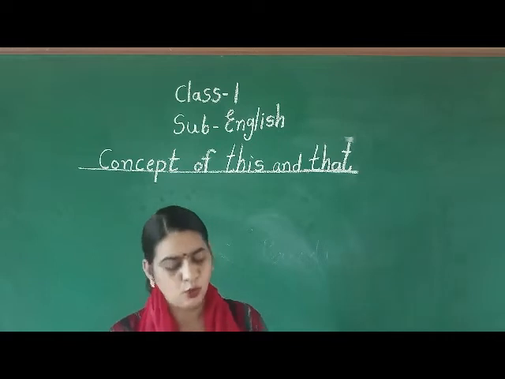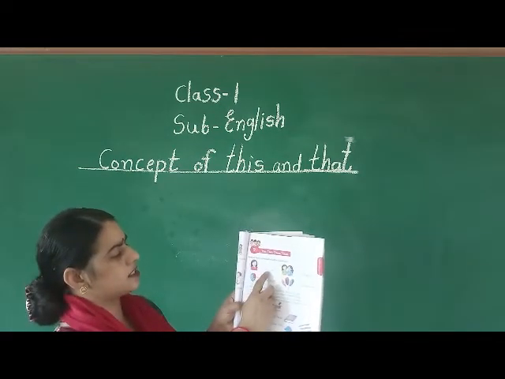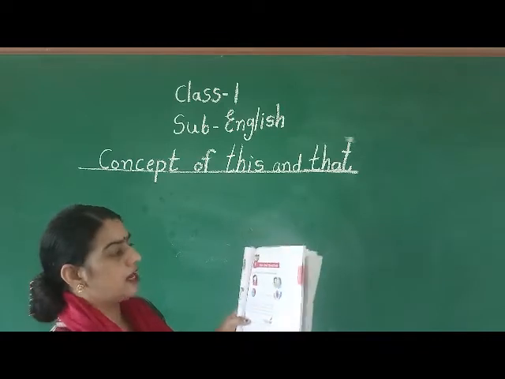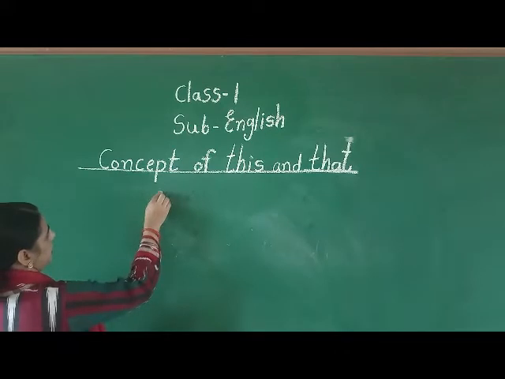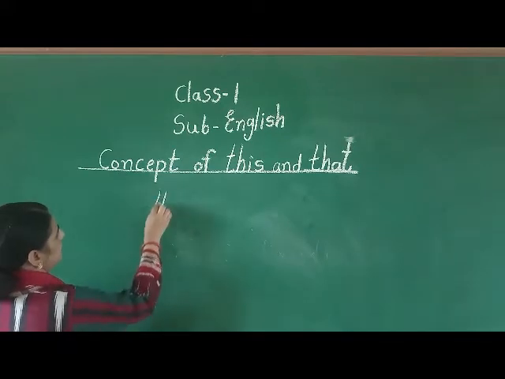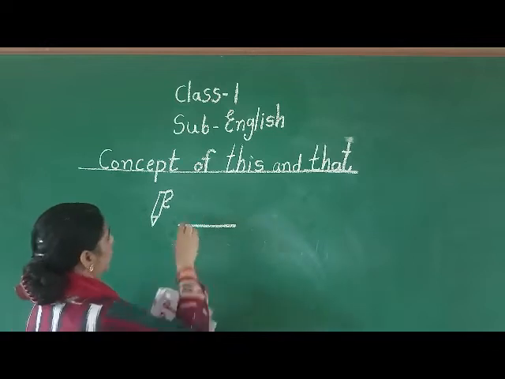See, look at the picture and read the sentences. This is a girl. I already told you, if you have only one object and it is nearby you, then what do we have to use? This.